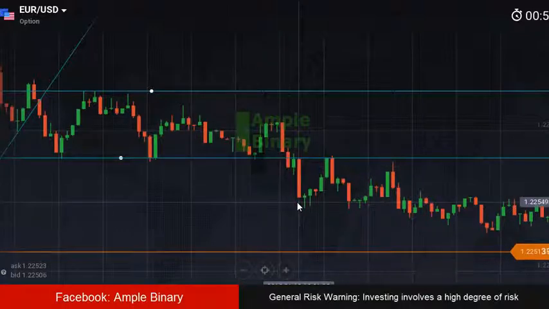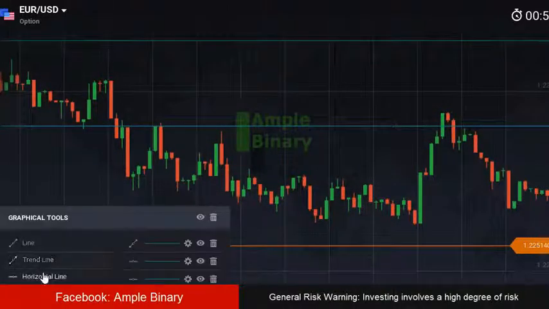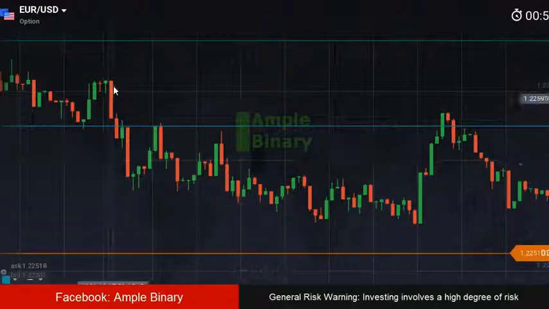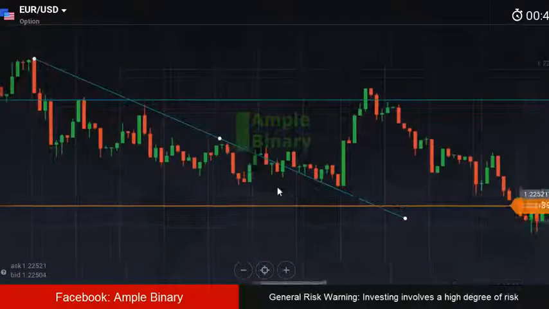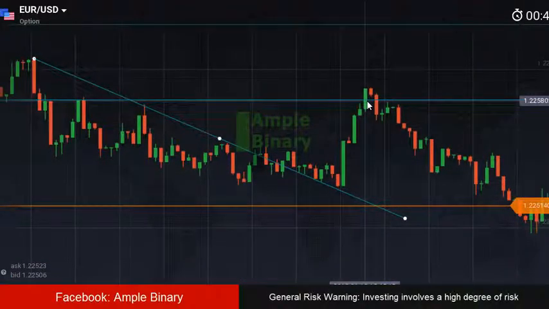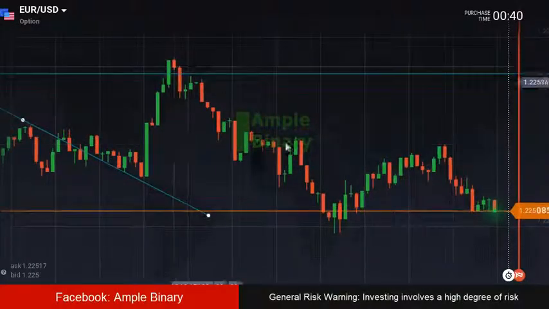And when the channel is broken, we have a retest and a downtrend. And when the downtrend is broken, we have a little uptrend to the resistance zone. And now we have a downtrend again.